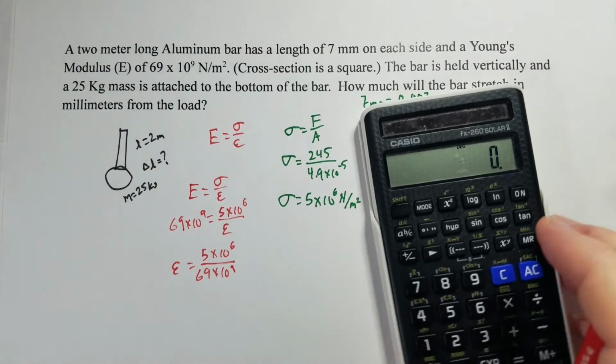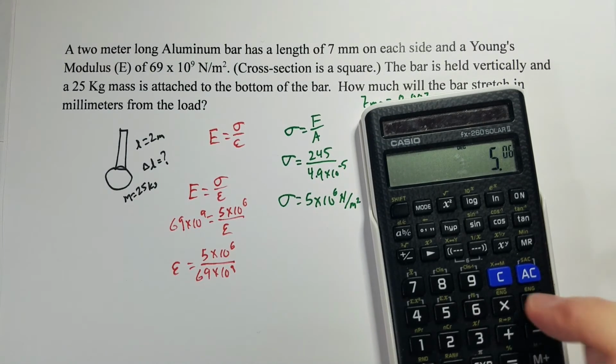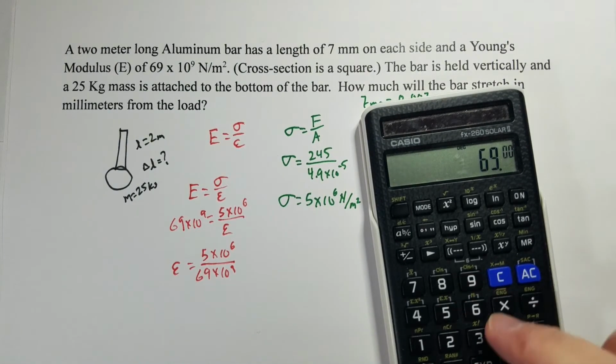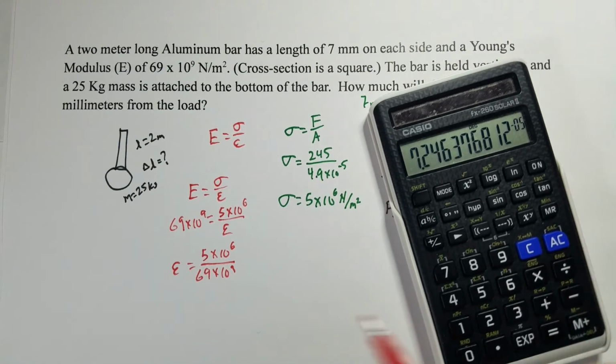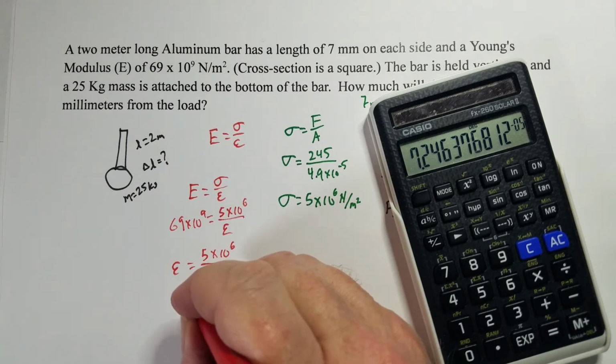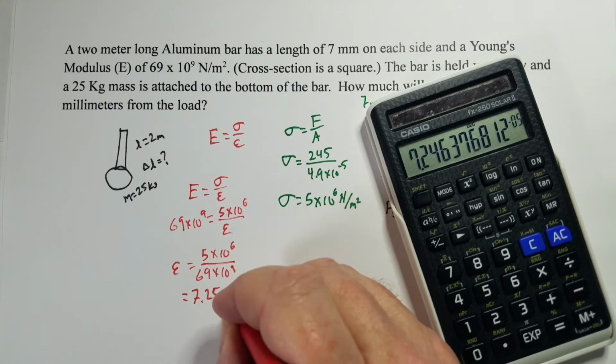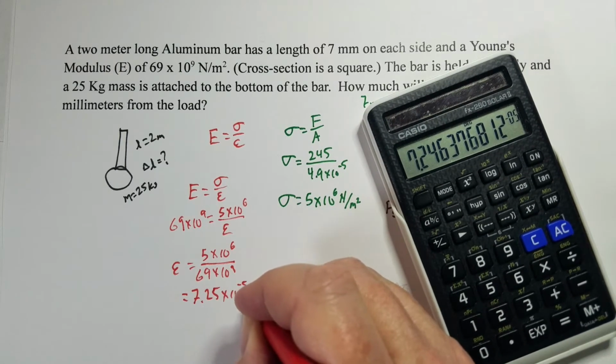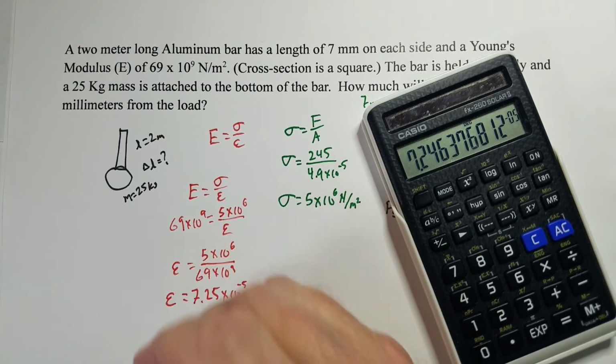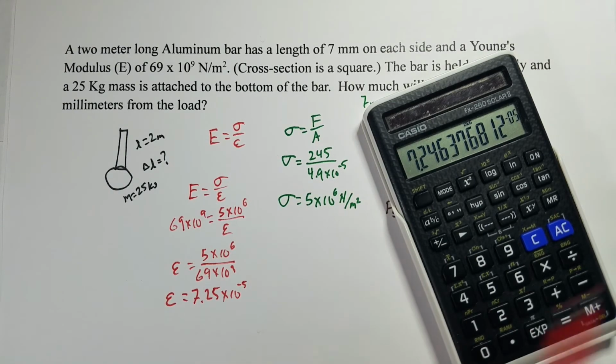We get 7.25 times 10 to the minus 5 as our epsilon. Again, it's dimensionless.